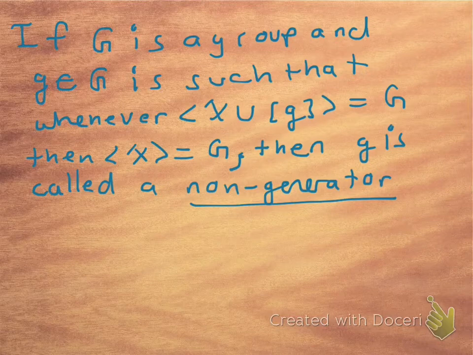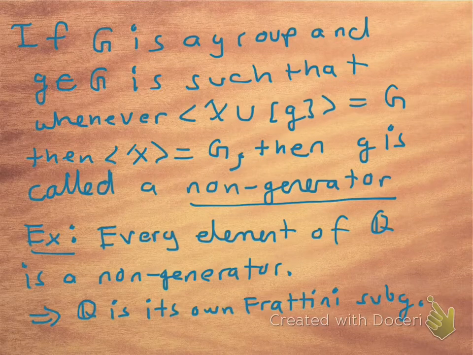So, for example, every element of the group of rational numbers is a non-generator, which would be a fun exercise to show. Therefore, Q is its own Frattini subgroup.